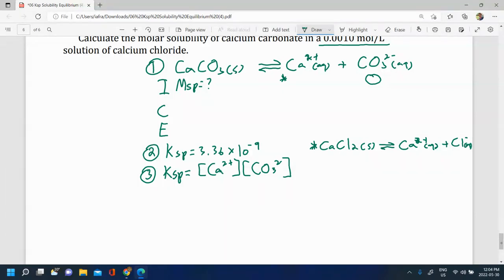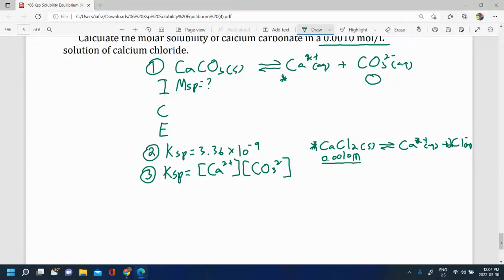So I made a dissociation equation to show calcium chloride. I had 0.0010 molar, or moles per liter. And I made a balanced dissociation equation, so 2 here, so I could find the concentration of each ion. Assuming all of this dissolved, then all I have to do is a molar stoichiometry to find a concentration of each ion.